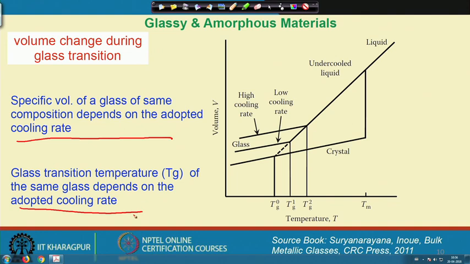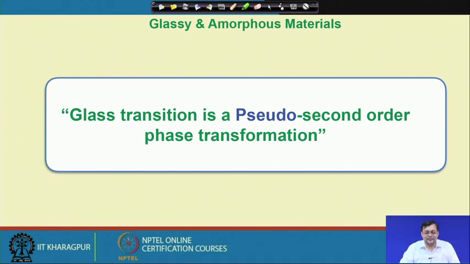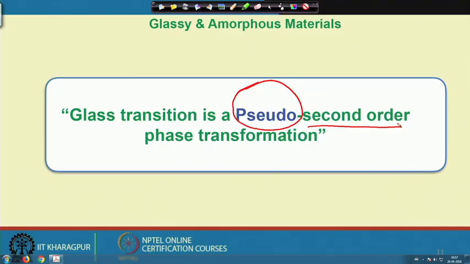And therefore, let us try to see what is the conclusion out of this discussion. We really do not call it a second order transformation, we call it a pseudo second order transformation, because the cooling rate, an external processing condition, influences the second order transformation temperature.